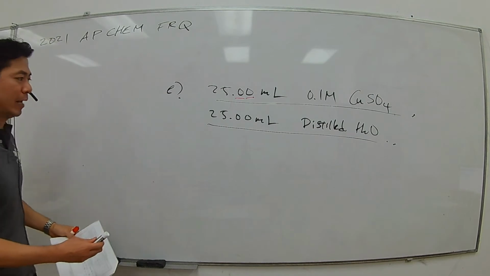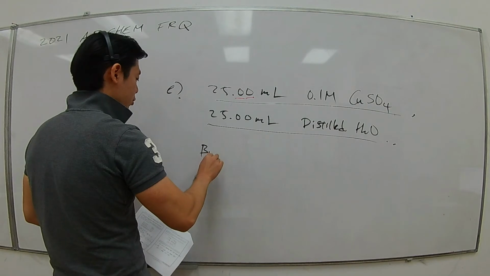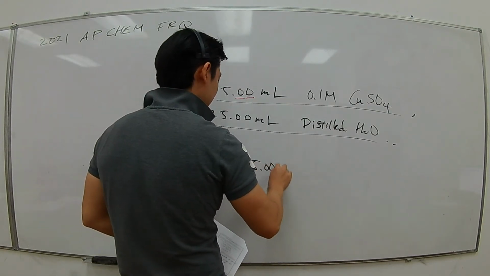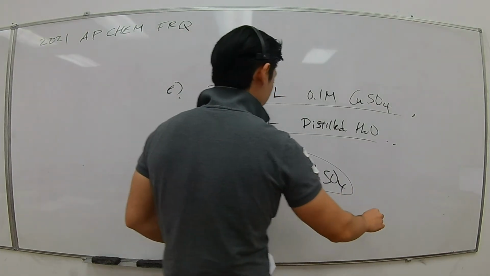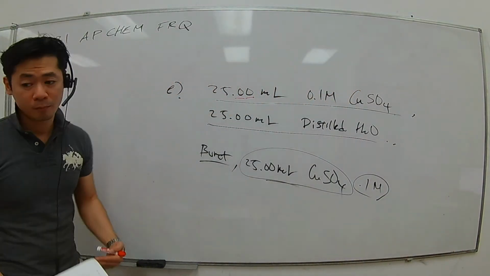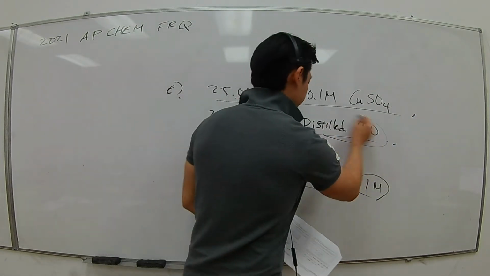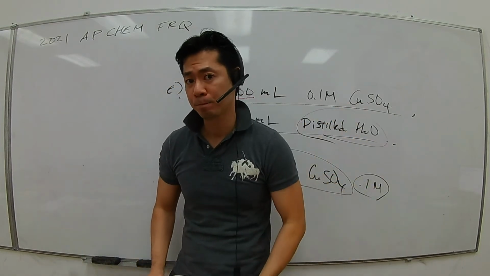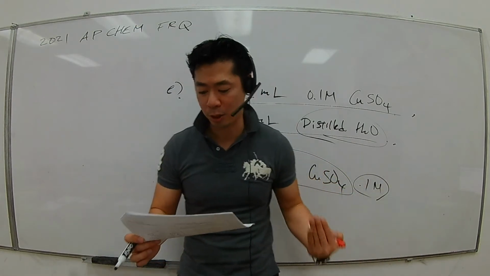So in the first part, you would mention a burette and deliver 25 milliliters of the 0.1 molar copper sulfate solution, and then you put distilled water up to the mark of the volumetric flask. That's the standard way to answer part E.